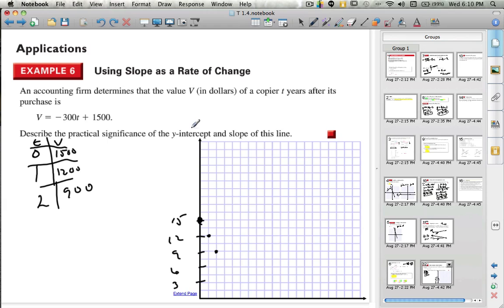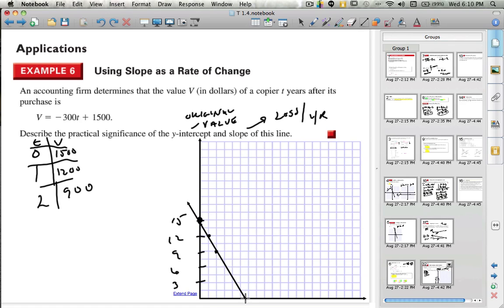Okay, so the y-intercept is the original value. Its value in year 0. The starting situation. And the slope is the loss per year. The amount of value we lose each year. And if we were to graph this, this is what it would look like.